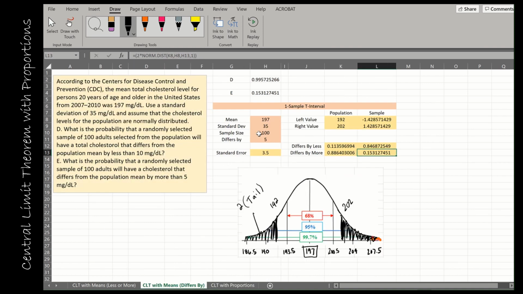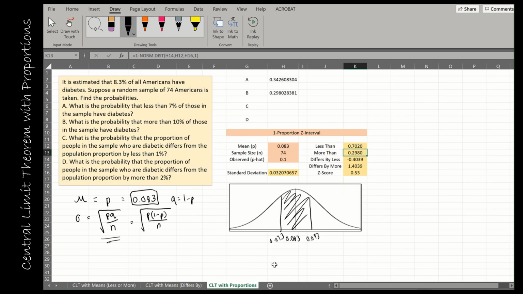Remember, I had a special place for differs by. I wanted to show you that you don't have to have that. So the only thing I'm going to do here is for my observed, I'm just going to give the lower of the values. So in this case, I'm going to put 0.073. And so we'll make sure that that matches up to what we do by hand up here.